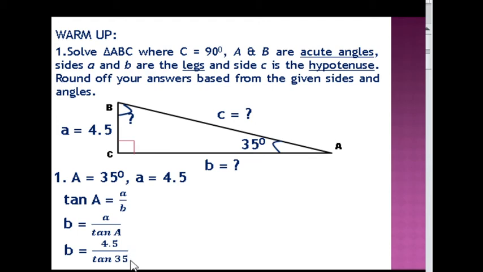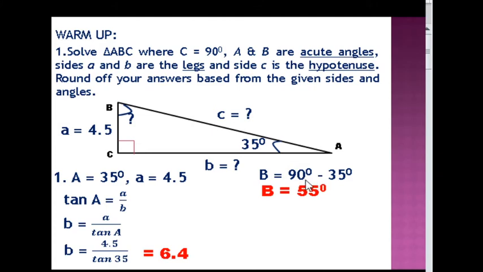Solving this in a scientific calculator, b is equal to 6.4. Now, solving for angle B, B is equal to 90 minus 35, which is equal to 55 degrees.